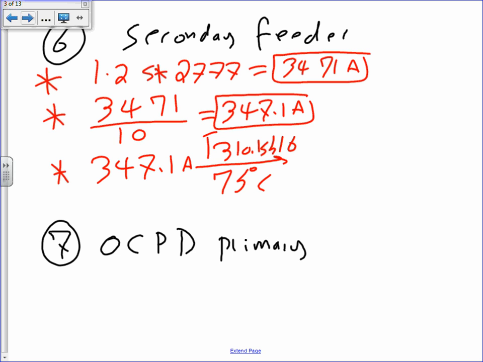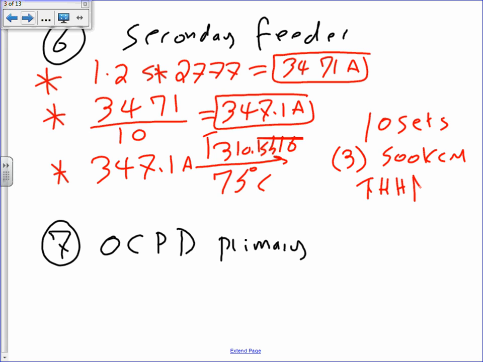And this will give me the following: 10 sets of how many conductors and why? 10 sets of 3 conductors, 500 kcm THHN.